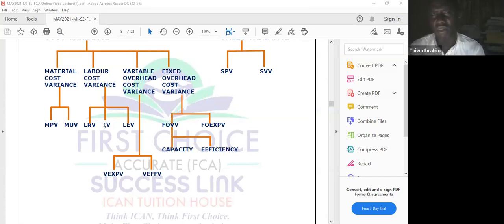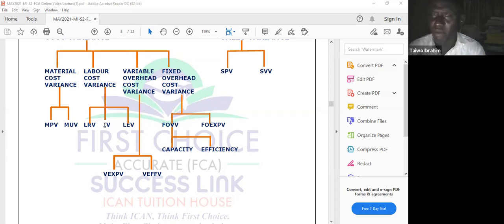Before I continue, in the exam, when you compute all these variances, you must be able to indicate to the examiner whether the variance that you are computing is either favorable or adverse. When we say something is favorable, that means that what I eventually incurred in cost is lower than what I wanted to incur.